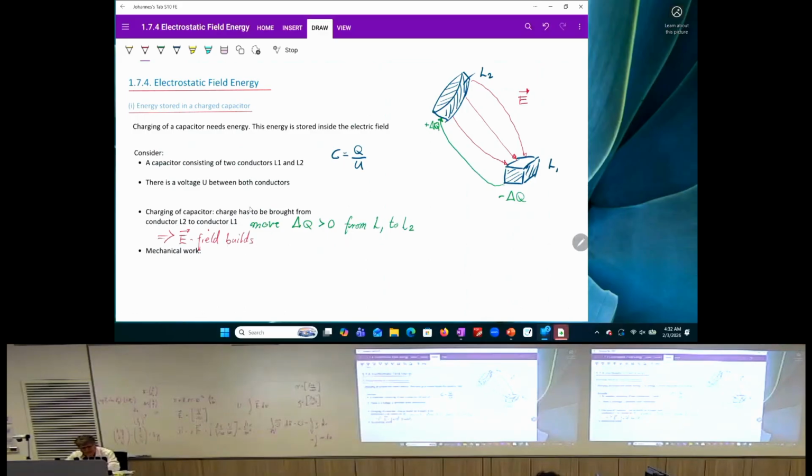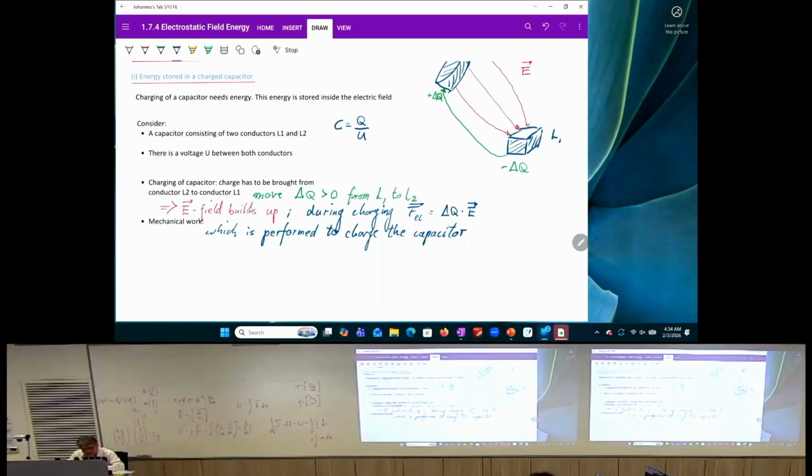During this charging process, you have to overcome an electric force, and the electric force is given by the charge that you are moving and the electric field at whatever place you are with your charge currently. So in consequence, you need to perform mechanical work, which is performed to charge the capacitor.